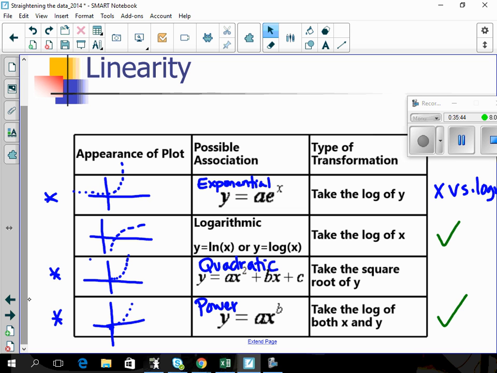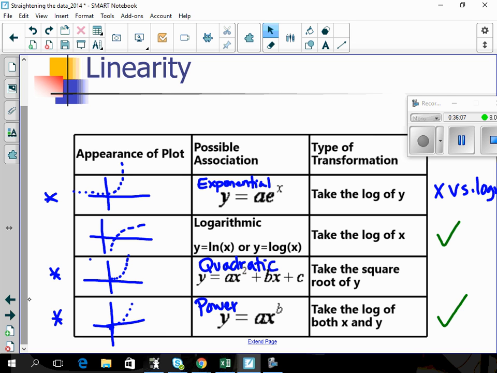It had a strong correlation, and the data looked linear. But what told us it wasn't? The residual plot. So then I had to say, okay, it's not linear, therefore could it be exponential, power equation, logarithmic equation? And what would I do to each of those to straighten it out better?